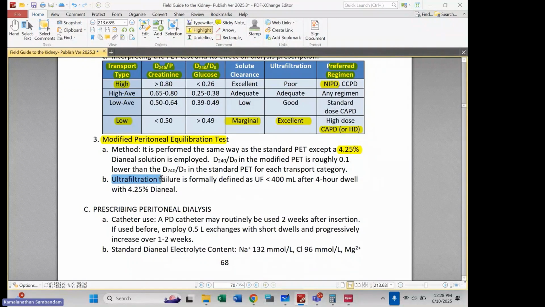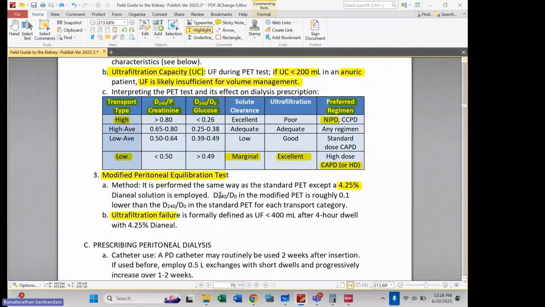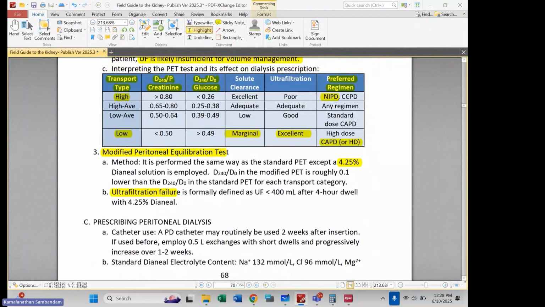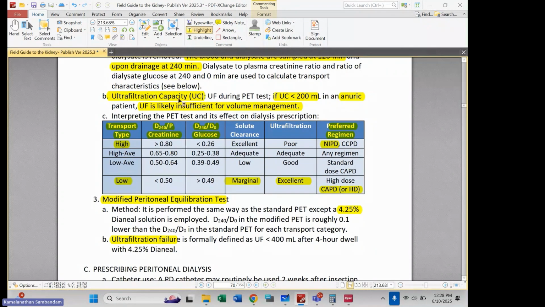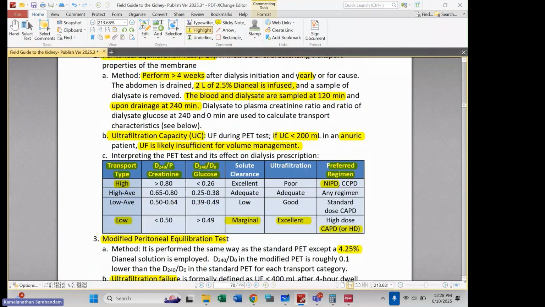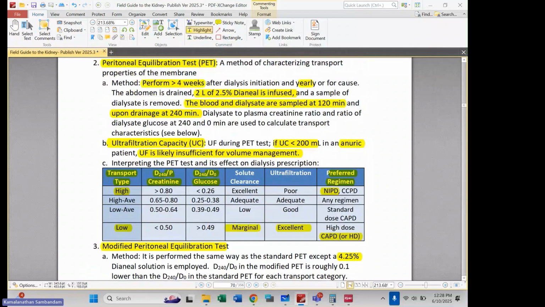There's a different definition for inadequate ultrafiltration when you use a 4.25% exchange. So the formal definition, I'm comparing and contrasting ultrafiltration capacity, which is done with a PET test with a 2.5% Dianeal. It gives you some sort of clinical clues as to whether ultrafiltration will be sufficient.